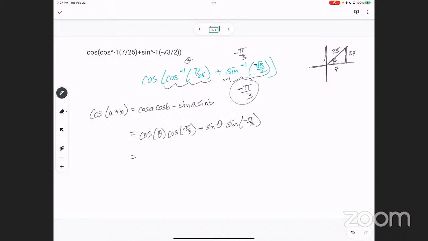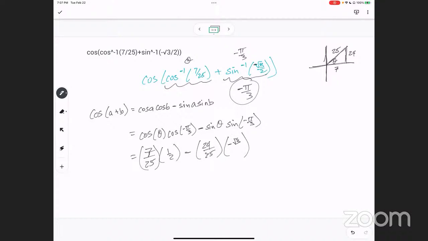So the cosine of theta, looking over there, is 7/25. And the cosine of negative pi over 3 is positive 1/2. Minus the sine of theta. What's the sine of theta? 24 over 25. Perfect. And what's the sine of negative pi over 3?